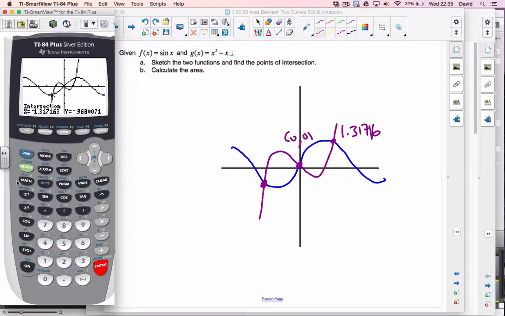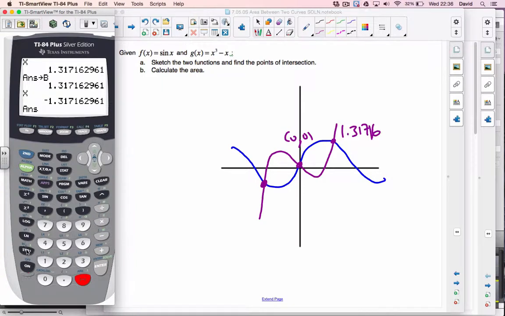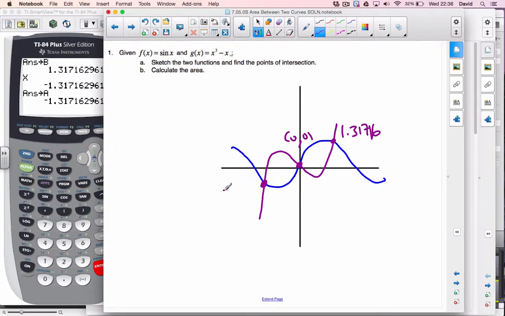It's the negative version of the same answer. So I'll try and do this better this time. I'm going to take my answer, and I'm going to store it into alpha A. And there I get the negative version of the same point.